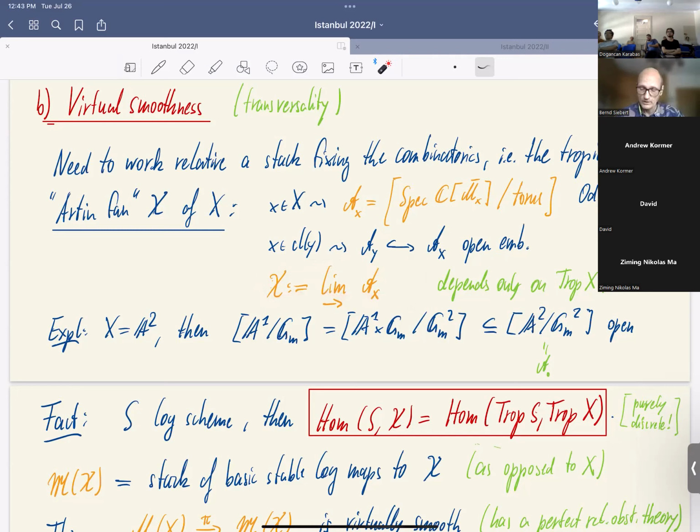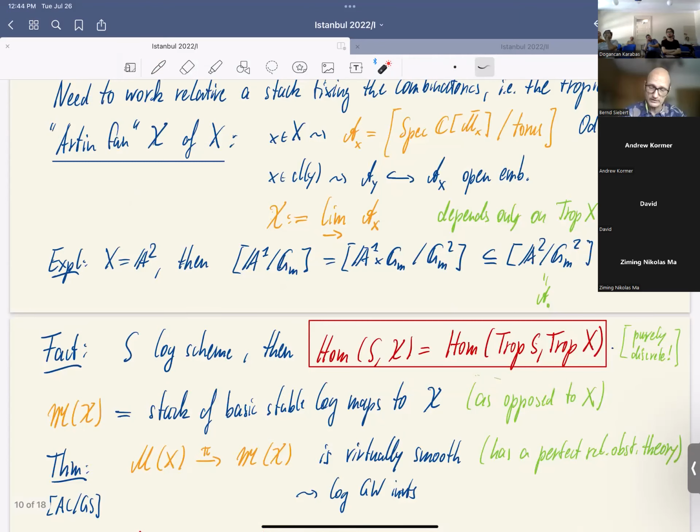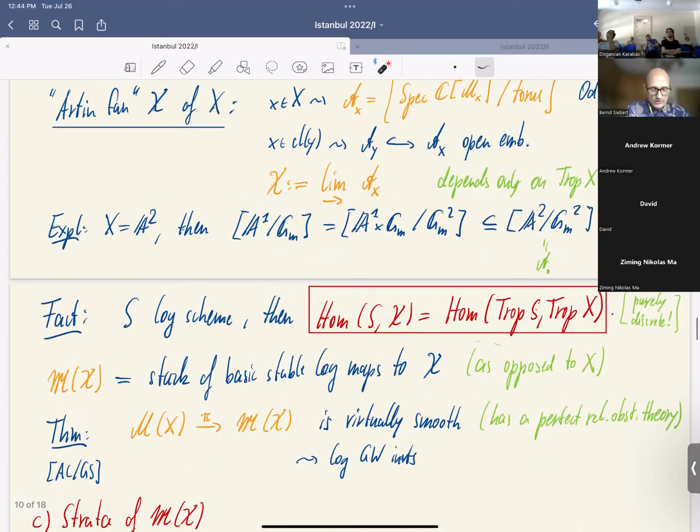So what you observe is, I told you that the knowledge of M bar is equivalent to knowing the tropicalization. Similarly, this algebraic stack depends only on the tropicalization of X. It's a discrete object, just like toric varieties are kind of discrete, but this is even more discrete, as we will see in a second. When I first saw it, I was somewhat in disbelief, but checking very carefully, yes, it is true.